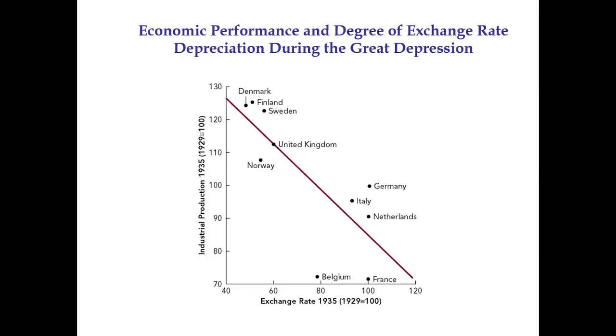On the y-axis we have industrial production from the period of 1935, and on the x-axis the exchange rates. You can see that production is high for Finland and low for Germany, Italy and the Netherlands, because these suffered more from the war.